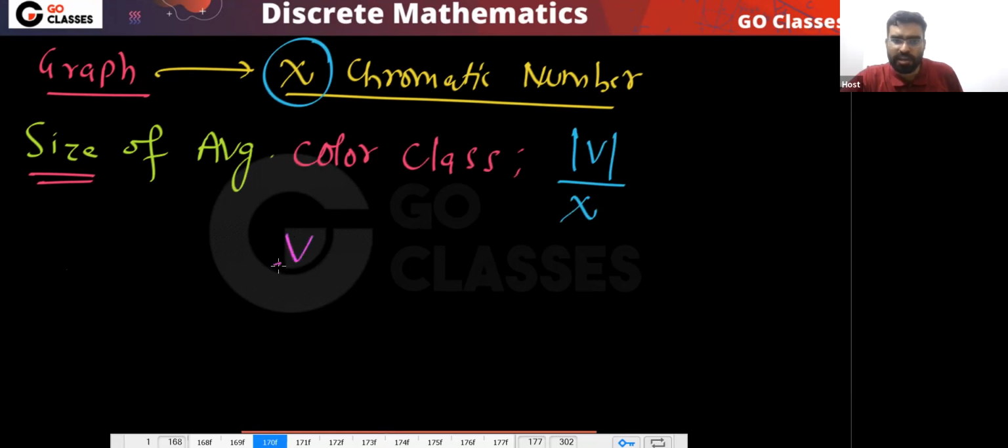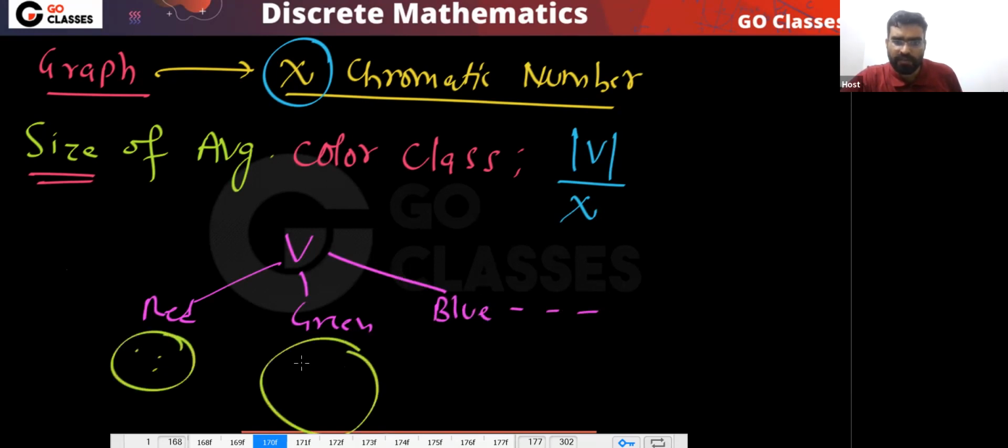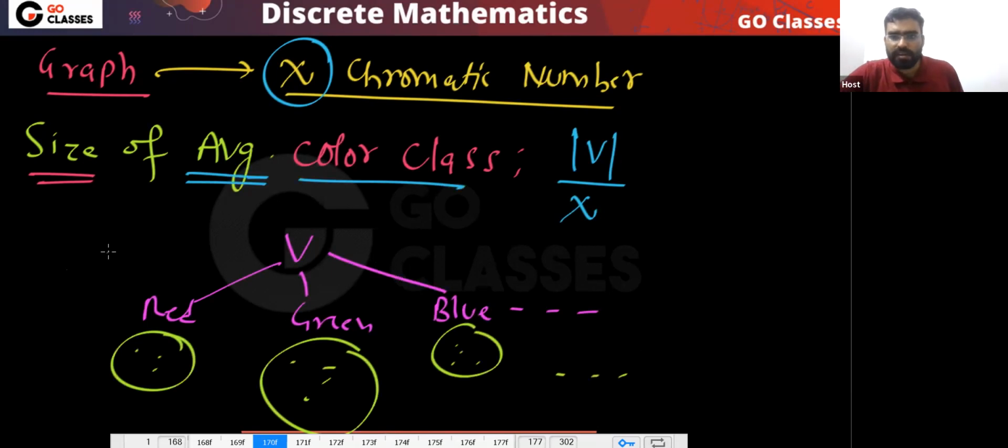Because these are your color classes, like red, green, blue, and so on. Some vertices are here, some here, some here. So on average, what is the size of a color class? That will be this. Yes or no?